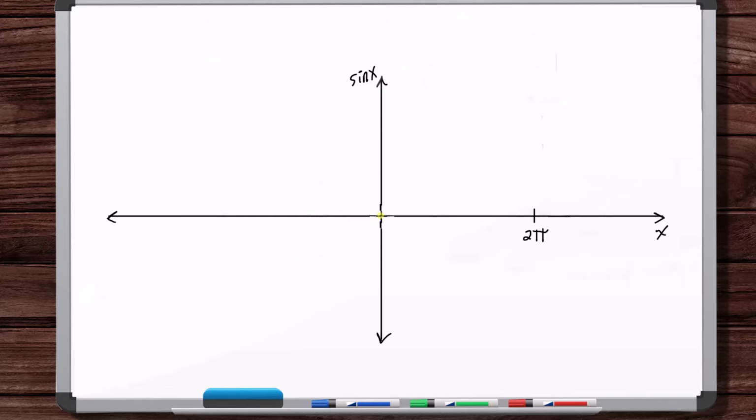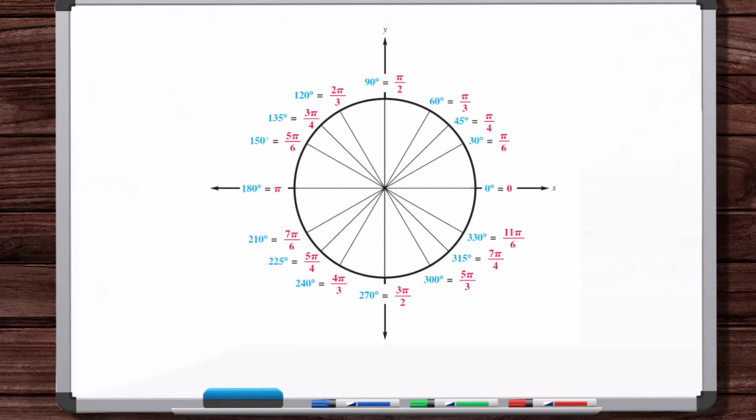And we could go in the negative direction. If instead of starting at 0 and going in this direction, we went the other direction, we wouldn't start with the same pattern right at the beginning, because now we're starting in the fourth quadrant, right?